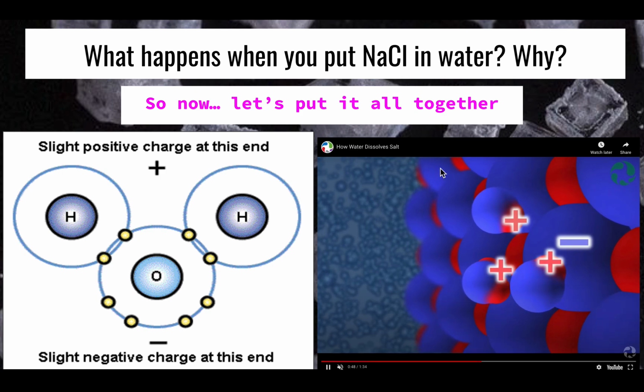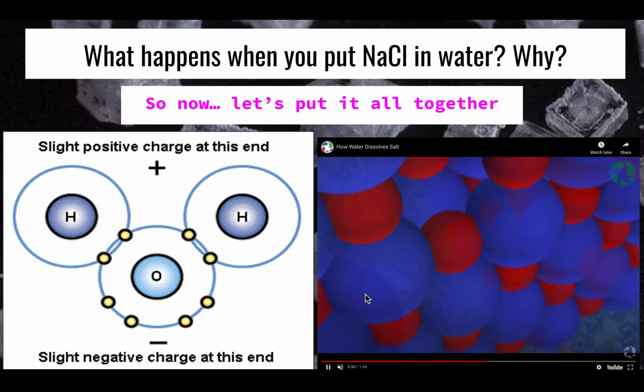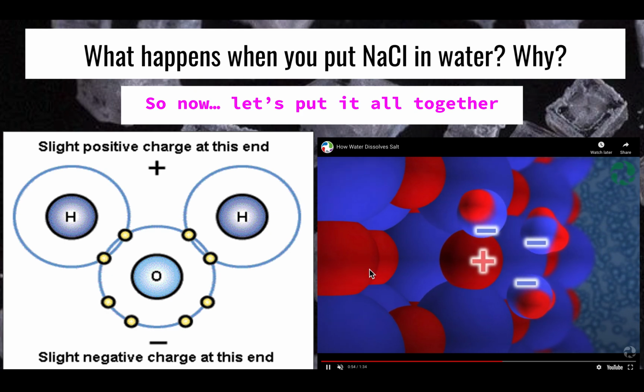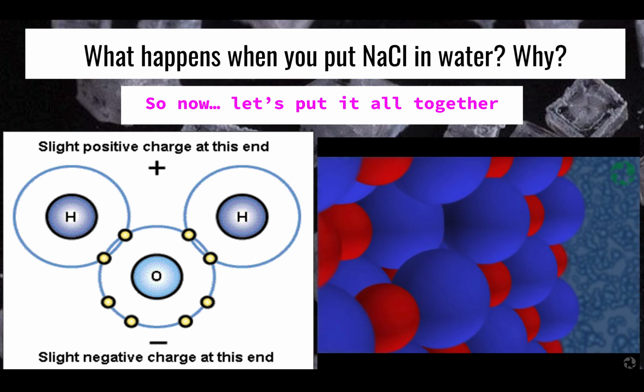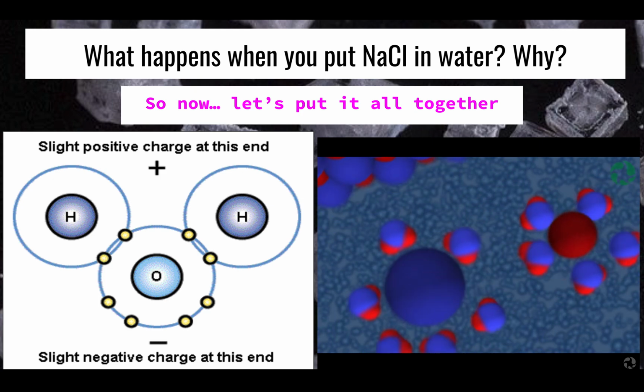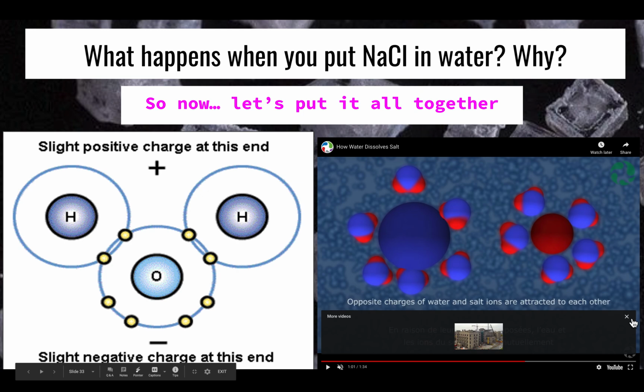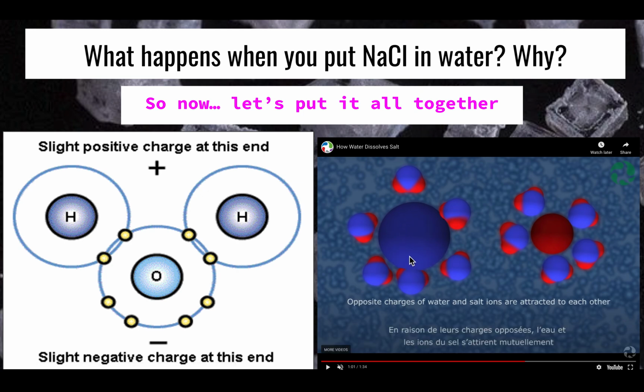Well, we put this piece of salt into water, and these water molecules are going to come and they're going to be attracted to the positive or the negative side, and they're essentially going to pull these individual atoms out of the solid, one by one.